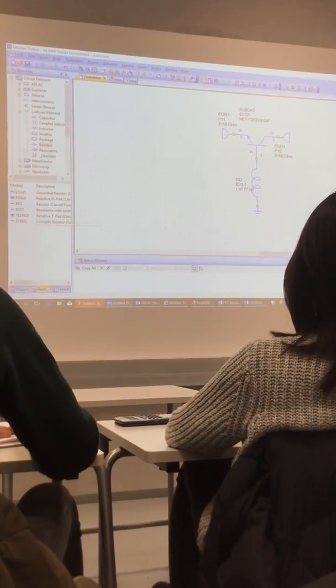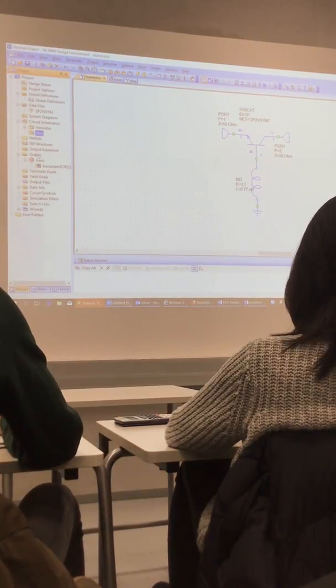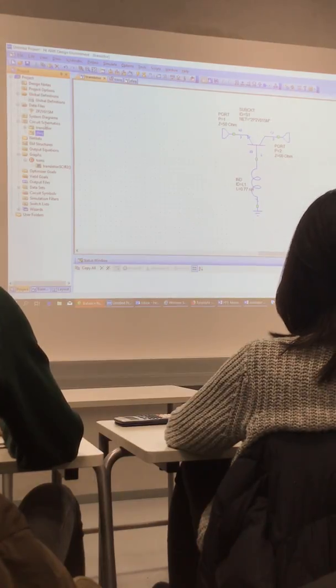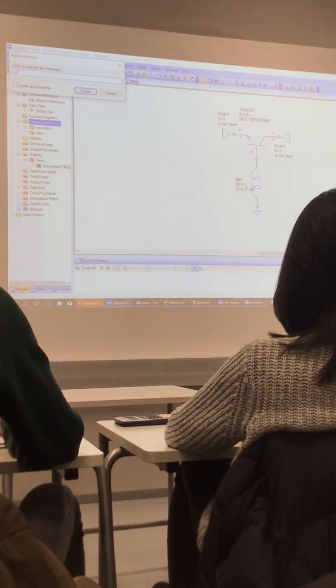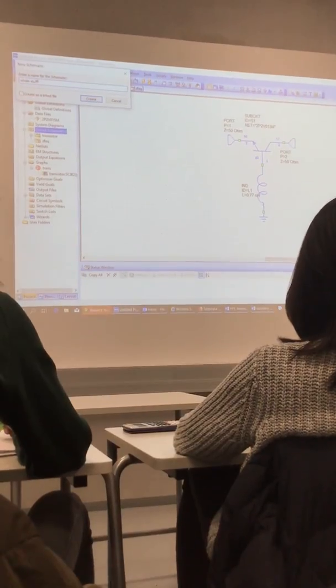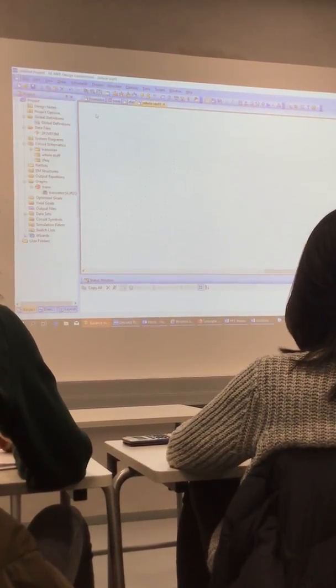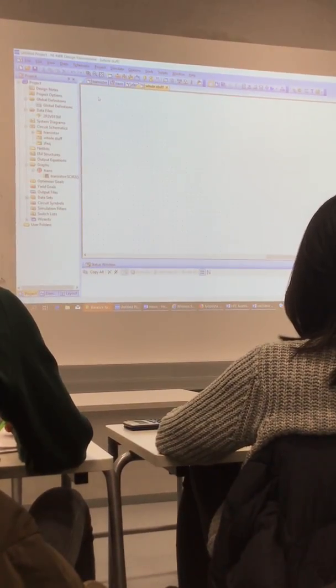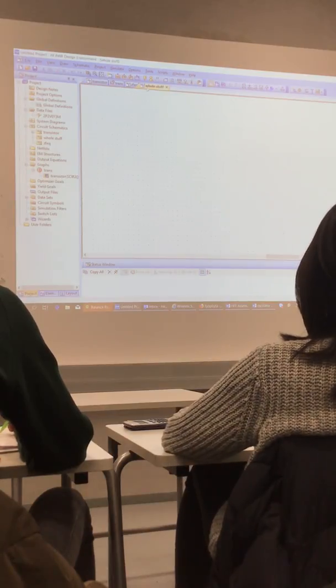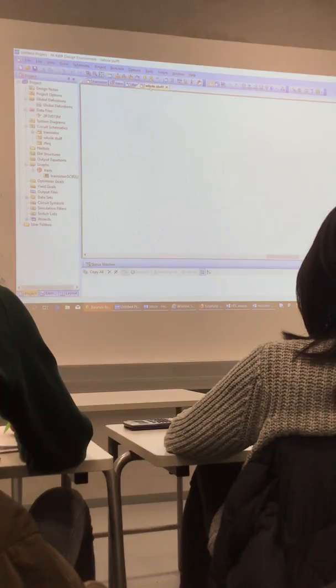And now I'll go back to the project, which is here. I'll add one schematic more and I'll call it, for example, the whole stuff. You can use whatever names you wish. But then take a look at this strange whole stuff.